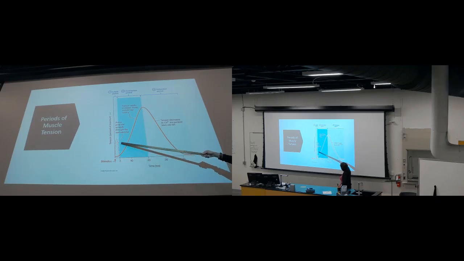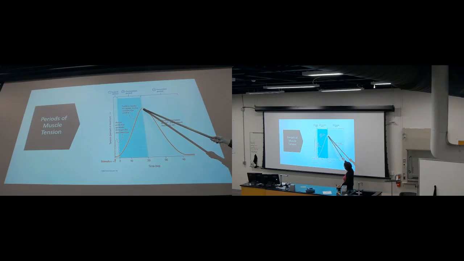You still haven't recruited any motor units here, but after 2 milliseconds, when you have the stimulus, you start building more tension as you increase the cross-bridge cycling, and then you reach your peak.